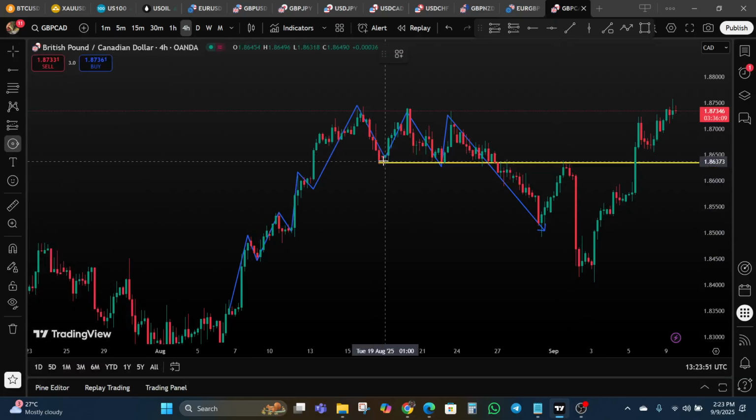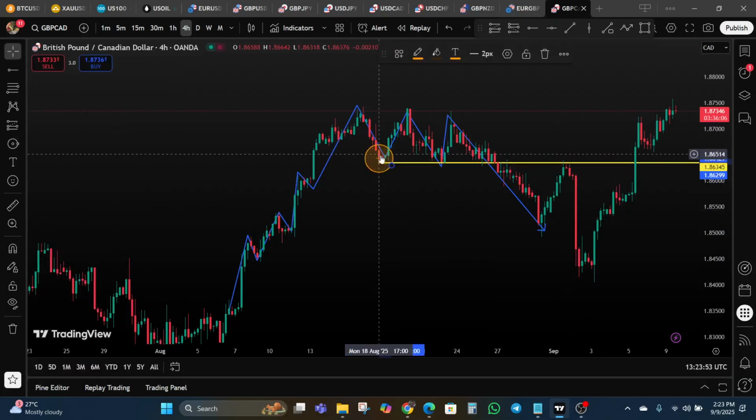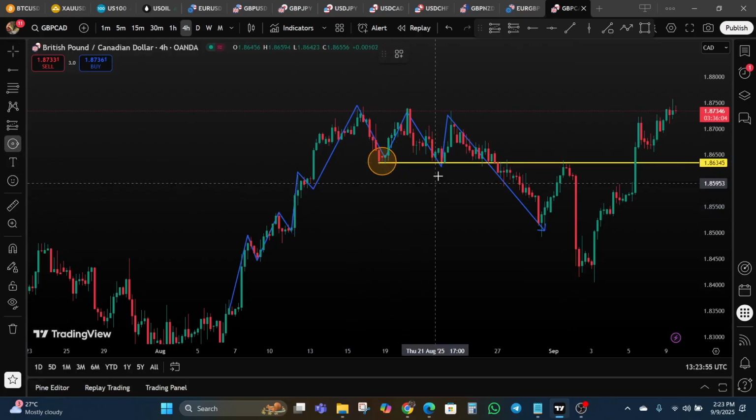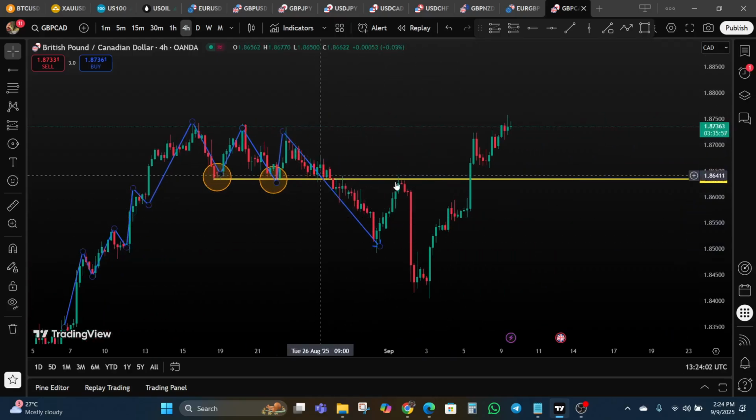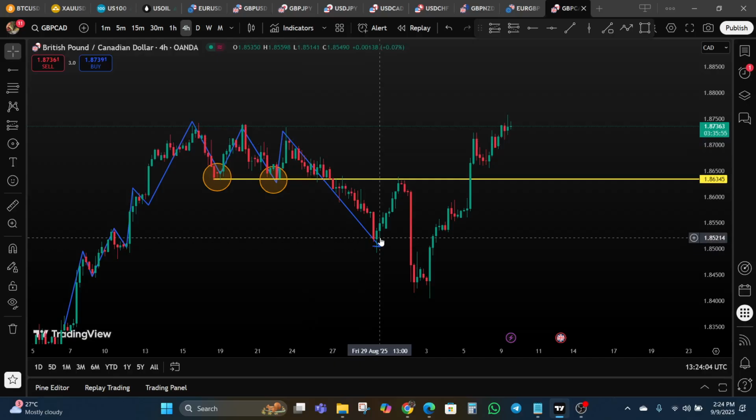We had a test here, and another around here, giving us an equal low pattern, a double bottom pattern, right? But eventually we had a break of that pattern.